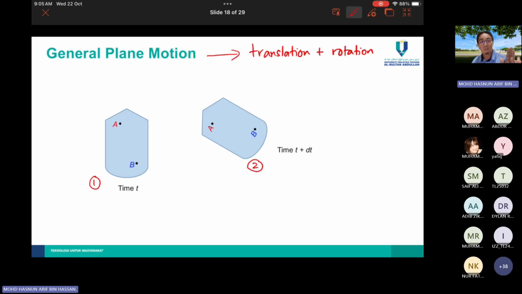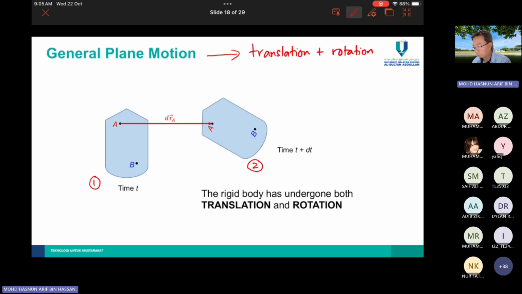And you can see that the object not only translates, but it also has undergone rotation. Okay, so if we draw the position vectors of 2 points on this object, we have point A and also point B. So point A will give you dRA. dRA means the change of position of point A. d is the change, RA is the position of A, from the position of A at object position number 1 to the position of A at position number 2.